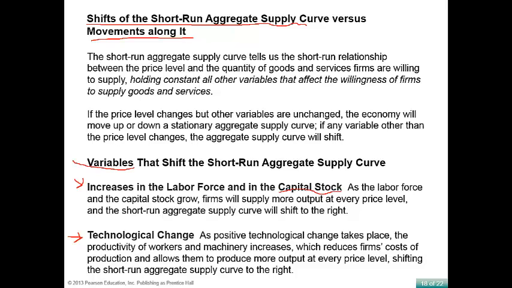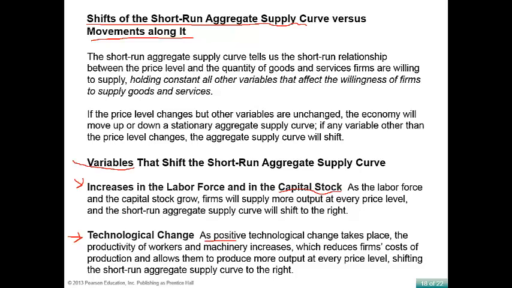technological change. And technological change doesn't have to refer to an advancement in computer technology. It could also be a change in a manufacturing or production process that eliminates wasteful or unneeded steps and makes the production process more efficient or quicker.